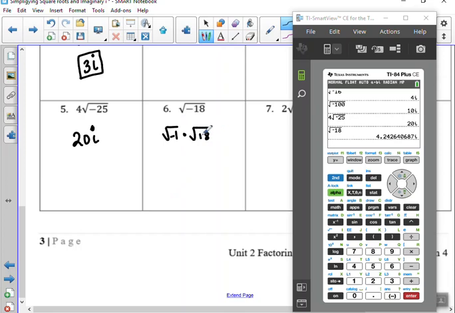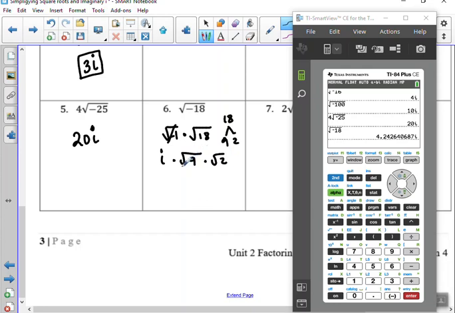Then for the square root of 18, I have to look for perfect squares in 18. What perfect square goes into 18? 9 and 2. Yep, 9 is a perfect square. And again, if you look behind me on the board, there are a bunch of perfect squares up there. So you have I, and I'm going to rewrite this as square root of 9 times square root of 2.